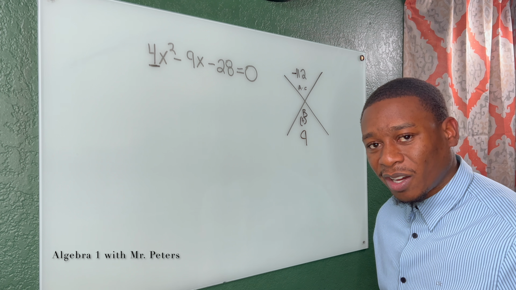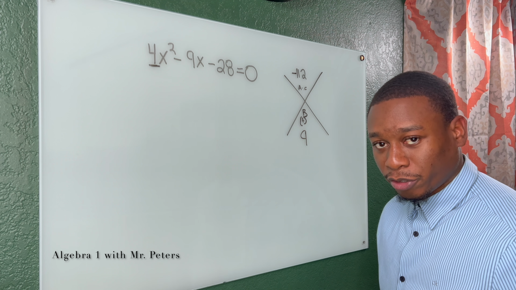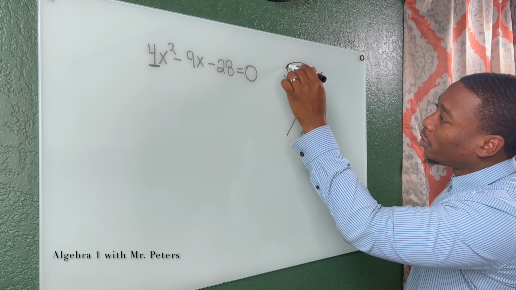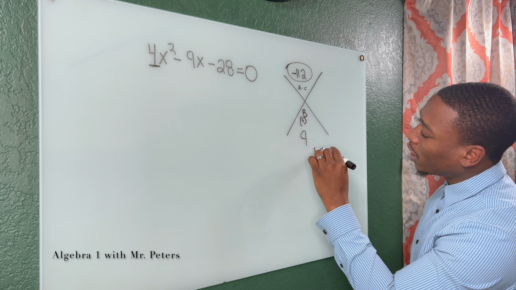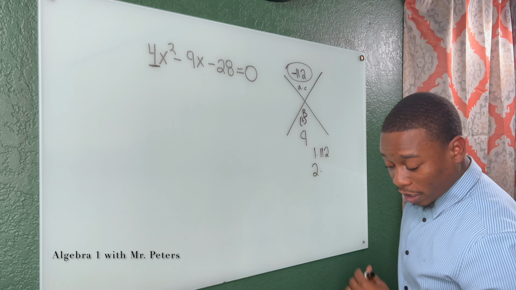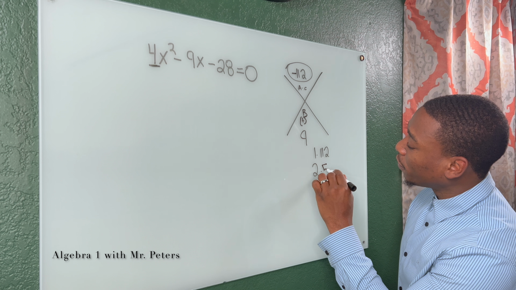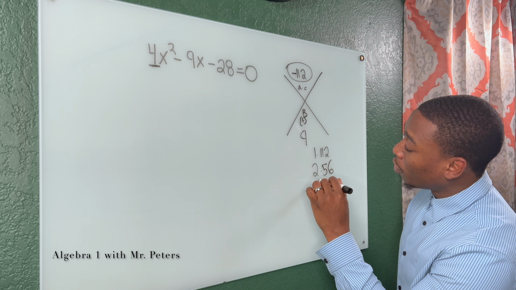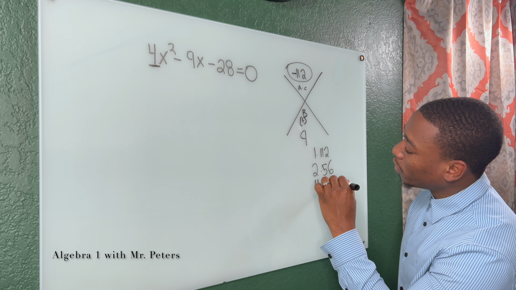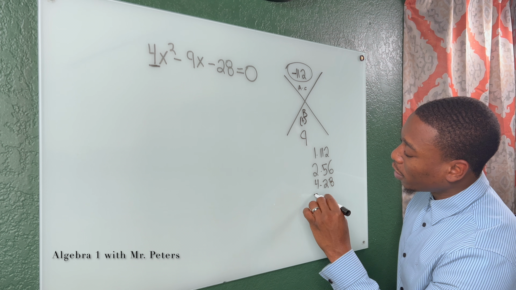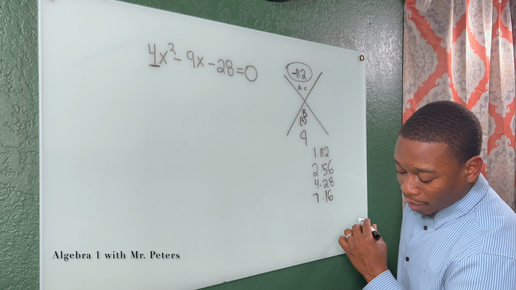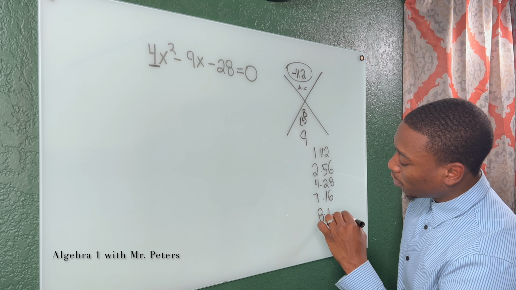So what we do now is draw a factor tree for 112. If I'm not mistaken, we have 1 times 112, 2 times 56, 4 times 28, 7 times 16, and then at the end we have 8 times 14.